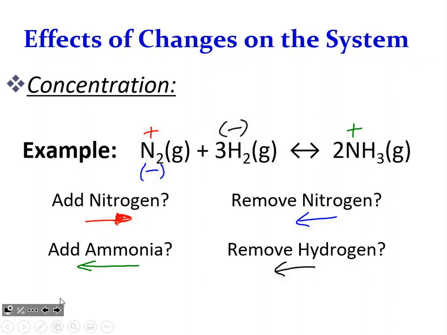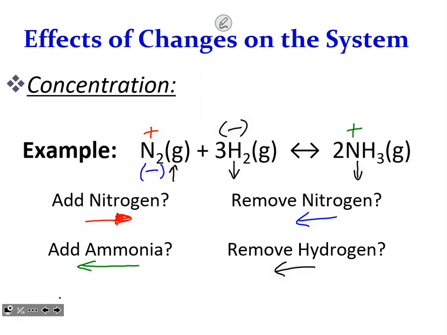So in that particular case, if we're removing hydrogen, obviously hydrogen is going to decrease. But if we're shifting to the left towards the reactants, that means the nitrogen is going to increase. However, if we're also shifting left towards the reactants, that means the ammonia is going to go down because it's going to be consumed.